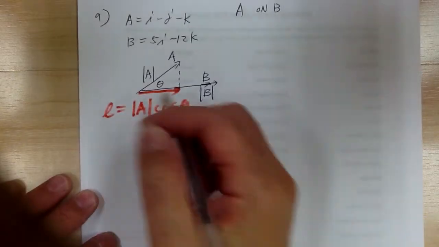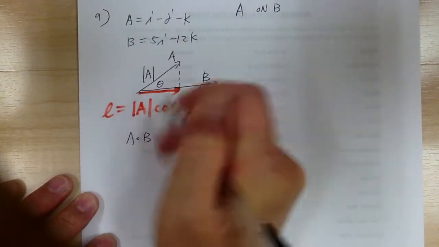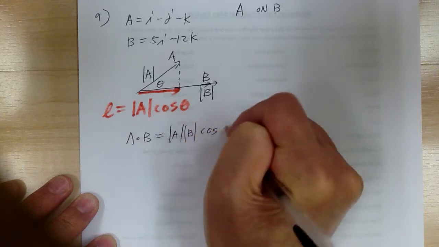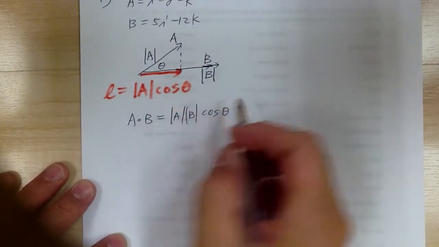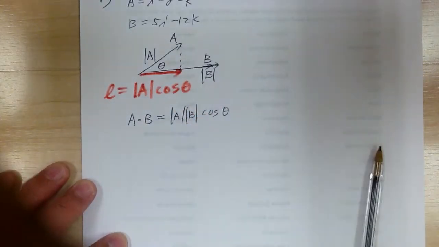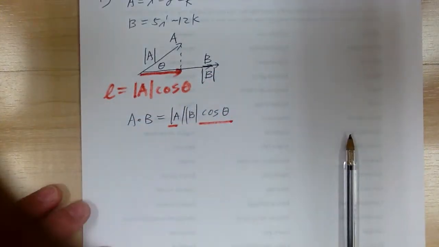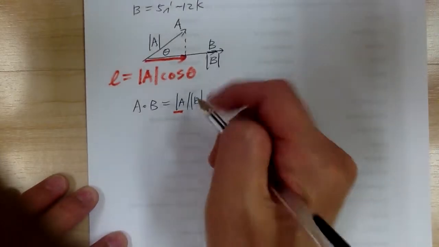And again, you start with your equation, A dot B equals A B cosine theta, and the part you're looking for is A cosine theta, so you need to get rid of B.